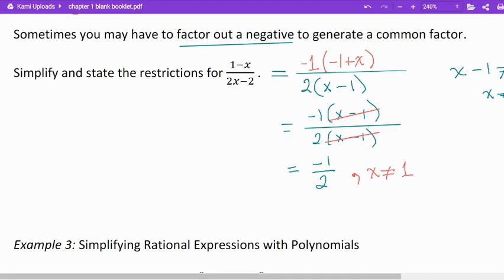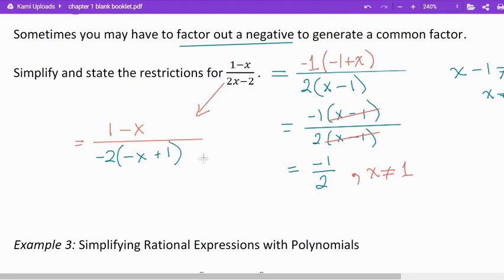Great idea. What Victoria said, and that's actually more efficient, is she would factor out, let's show that because I just love it. So Victoria's saying, okay, instead, let's keep that 1 minus x. Let's not change it. But we're going to factor out a negative 2 from the denominator. And that will give me negative x plus 1.